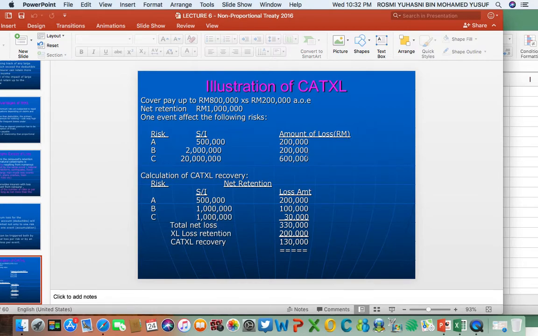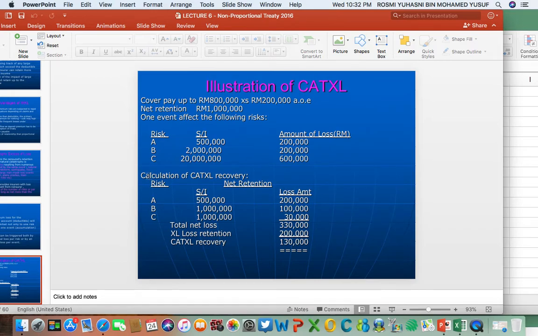For the claim, which is 200,000, the insurer will only retain 100,000. Why is it 100,000? Because it is 50%. 50% of 2 million is 1 million. With the same proportion, you can calculate the claim retained by the insurer. The insurer will also retain 50% of this 200,000.